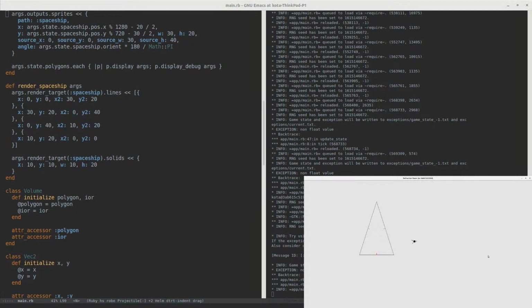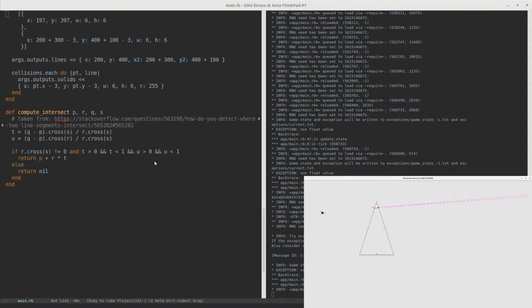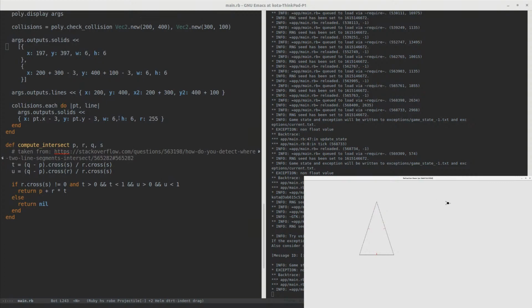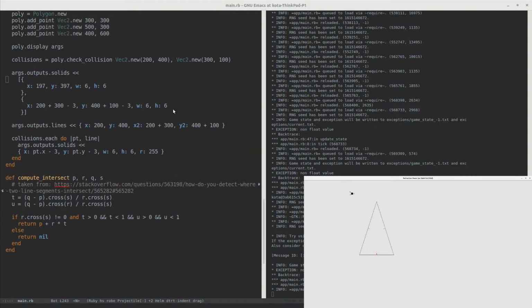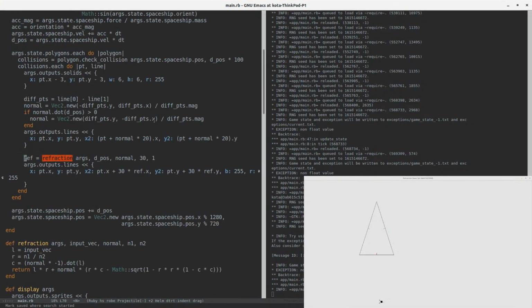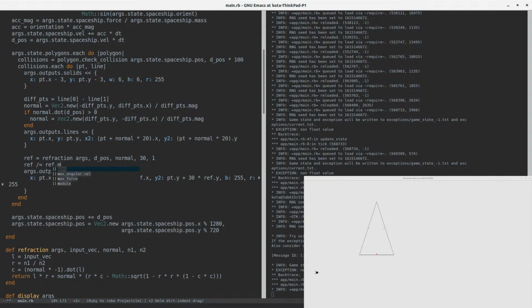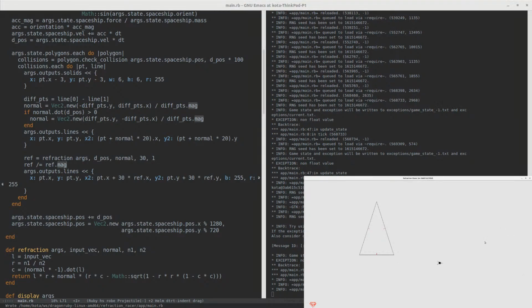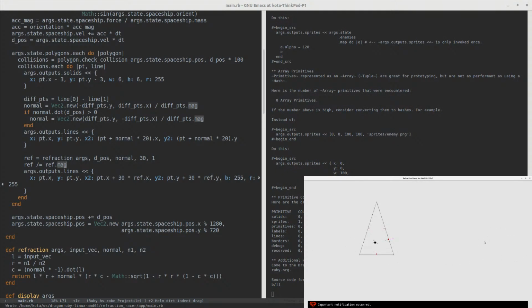So as we drive around, okay, maybe that's working. What is going on here? Refract. Points dot refraction. Ref divide by equals ref dot mag to normalize it. I'm actually not convinced that this is working correctly.